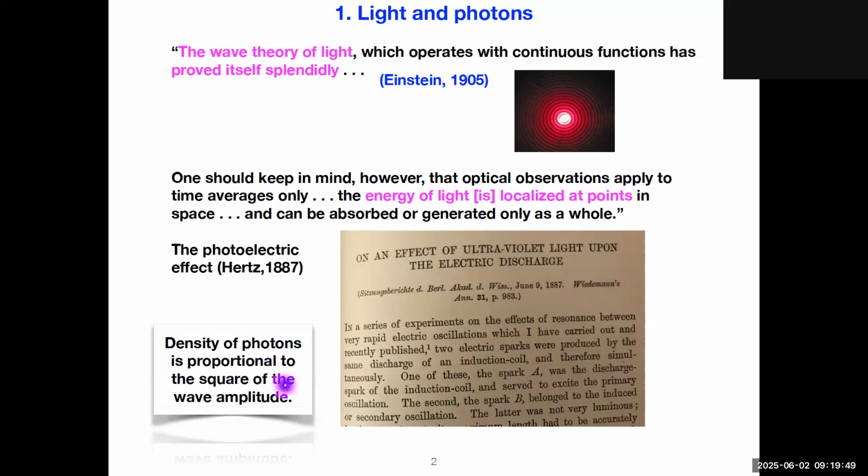So this was in a paper, and actually Hertz didn't really live long enough to do much with it, but the photoelectric effect, if you think about it, it's not really that long. It's 1887 to 1905. So it took less than 20 years. You can see the words here, it's a little bit dark.